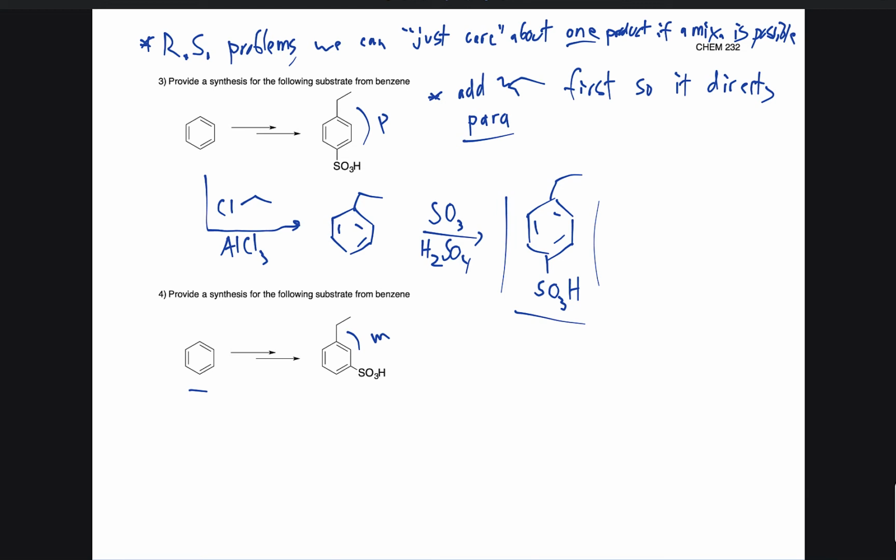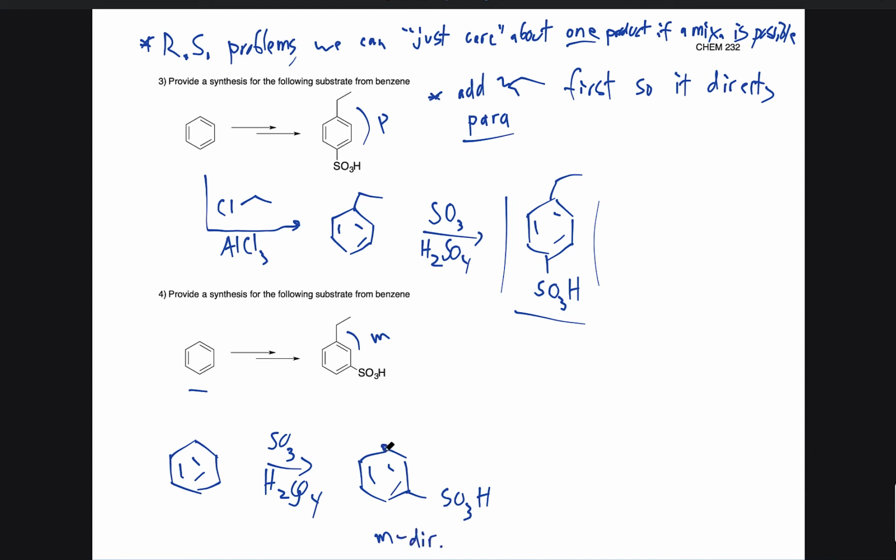So instead of adding the ethyl group first, we have to add the SO3H first. And if we do this, it doesn't matter where we get that SO3H added, but for consistency's sake, we'll add it here. And now this SO3H is our meta director.